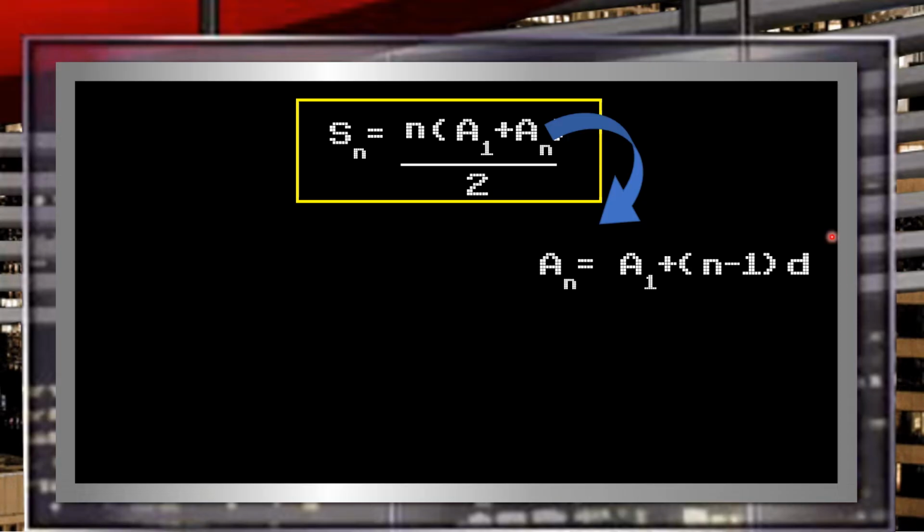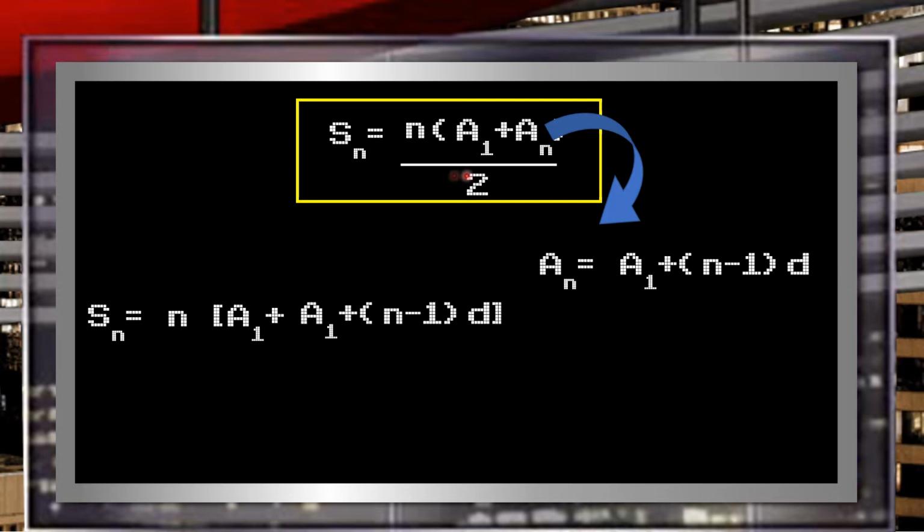Correct. So, we write this instead of a sub n. Okay, let's do it. S sub n equals n, times a sub 1, plus, instead of a sub n, we write a sub 1 plus quantity n minus 1 times d.